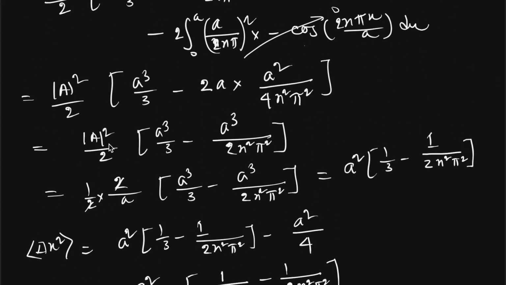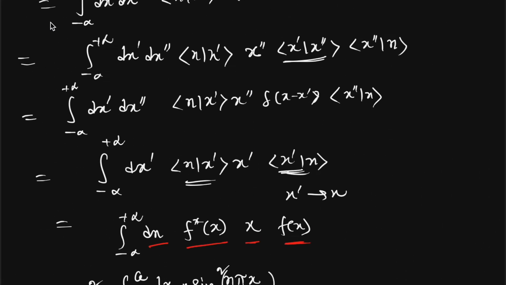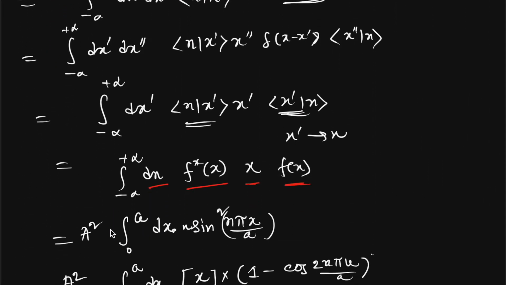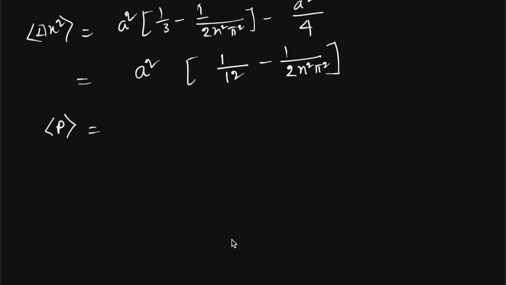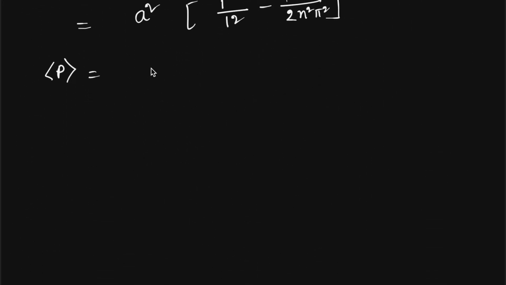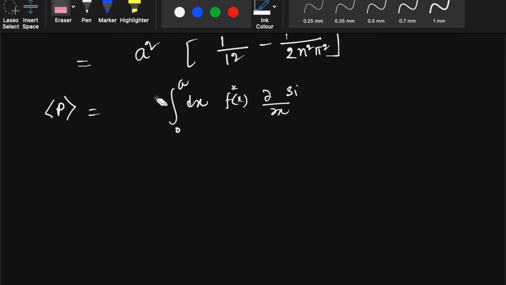From a similar argument to the expectation value of x, which is the integral from 0 to a of dx x times sine squared(nπx/a), we also get that the expectation of p will be |A|² integral from 0 to a dx f star x and del x... sorry, let us write it clearly.